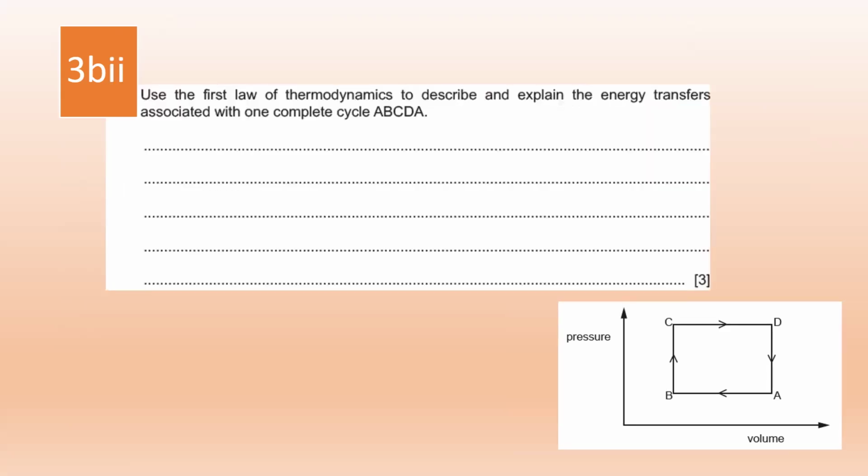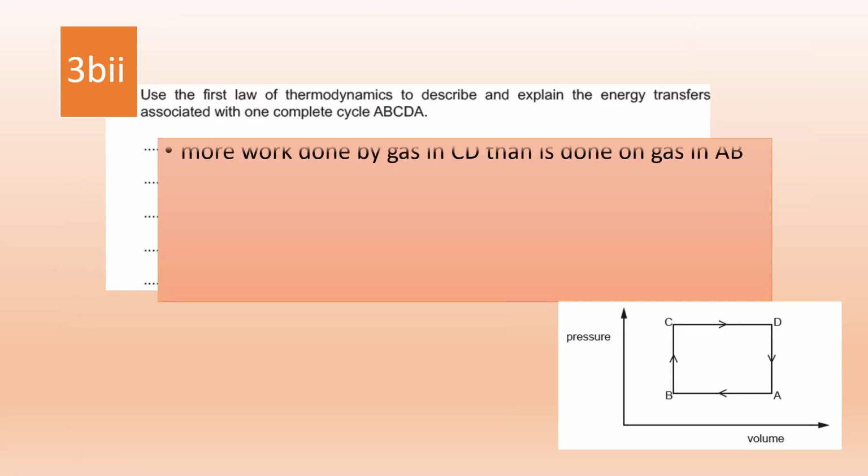Use the first law of thermodynamics to describe and explain the energy transfer associated with a complete cycle. More work is done by the gas in CD than done on it in AB, right?